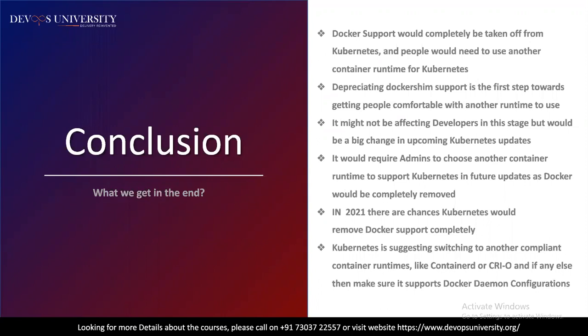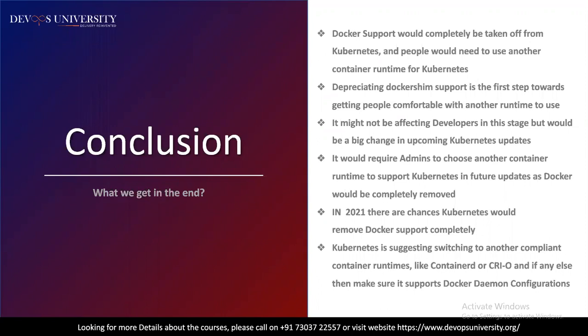Kubernetes is suggesting switching to another compliant container runtime like containerd or CRI-O, and if any other, then make sure it supports Docker daemon configuration. If we still want to run the Docker images, all we need to care about is switching to another container runtime which supports Docker daemon configurations.